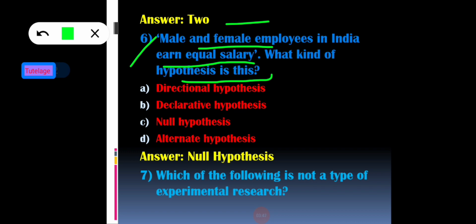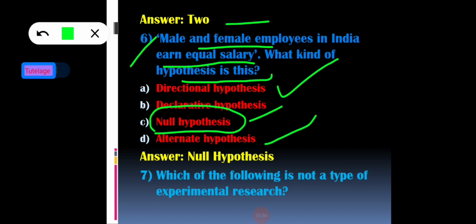So this is basically a null hypothesis. We have four options: directional, declarative, null, and alternative hypothesis. And we all know that a null hypothesis indicates there is no relationship between two variables, so both are equal.